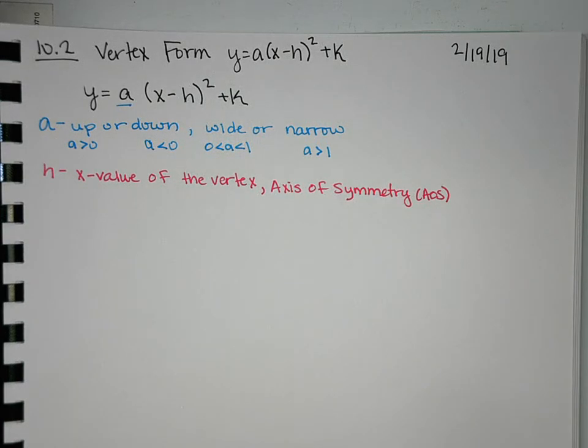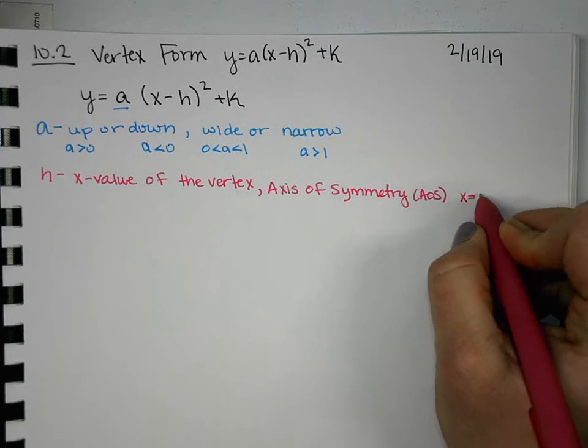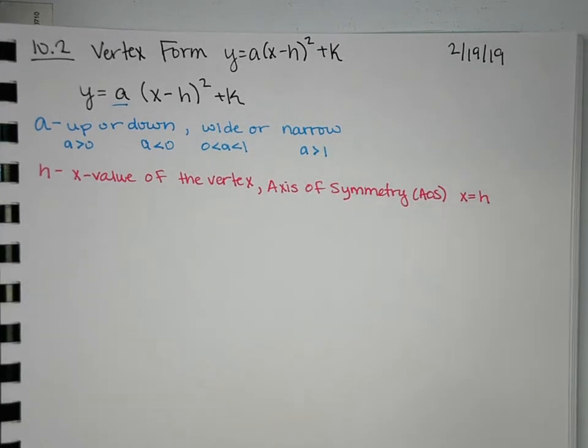When they say something is symmetrical, the same on both sides. So just like how you guys noticed on your tables how one half of the table looked exactly the same, that's symmetry. The axis of symmetry is that line where you could put that mirror and reflect it over. So the axis of symmetry is going to always be the equation x equals whatever h is.